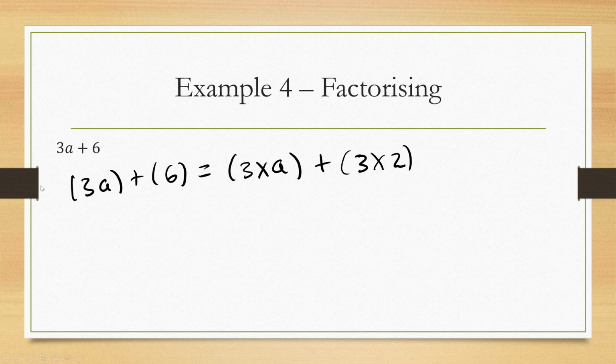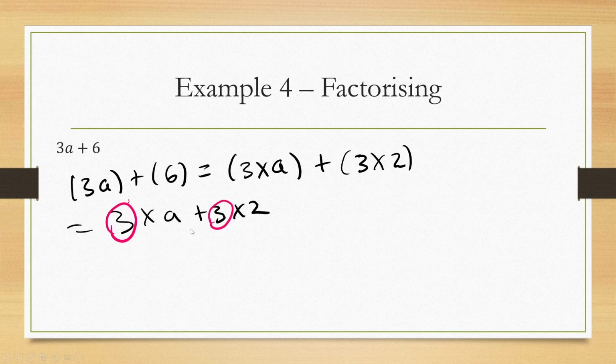So as we can see, 3a can be broken down into 3 multiplied by a, and 6 can be broken down into 3 multiplied by 2. So what we're going to do is remove these brackets because we know where this is coming from.